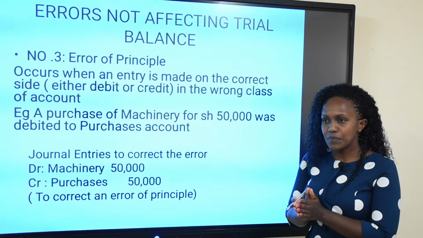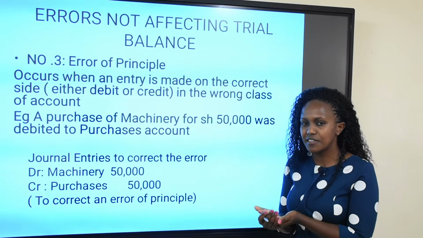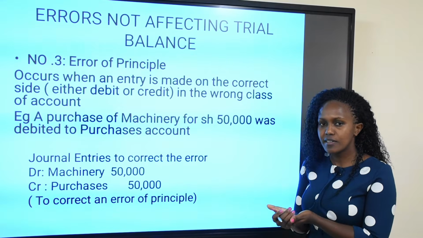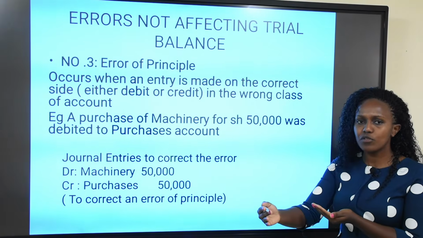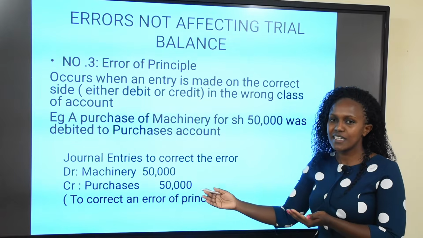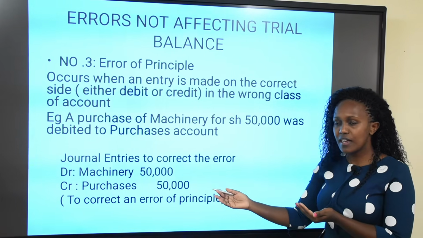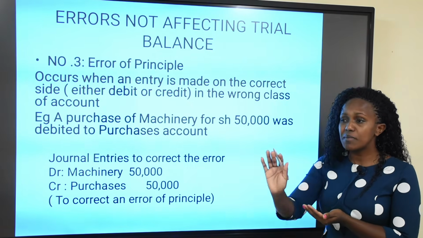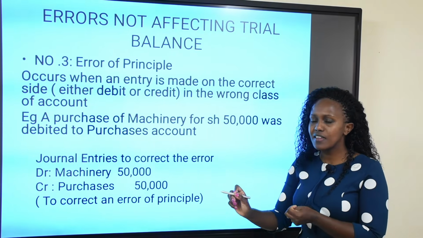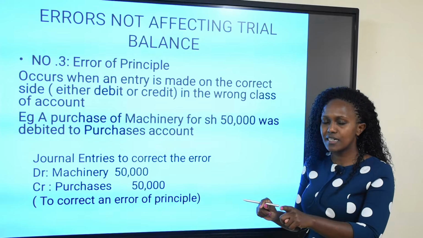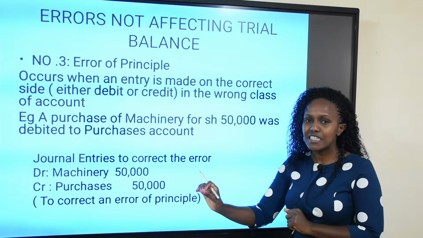For example, you bought a machinery or you bought a car. Instead of debiting machinery account, you debit purchases account. You see here, you have done the right thing, you have debited. But in the wrong account, and these two accounts, purchases is an expense, while machinery is an asset.